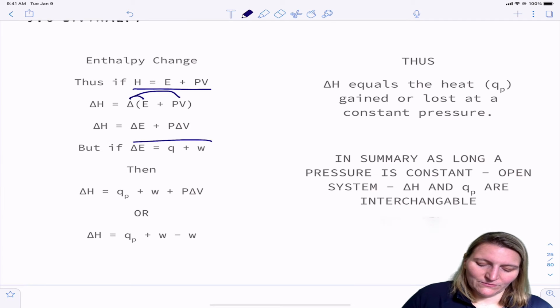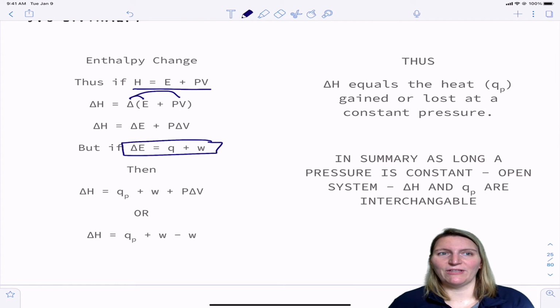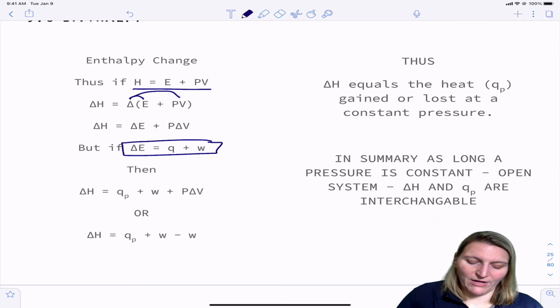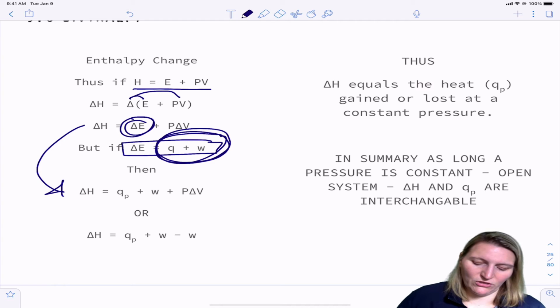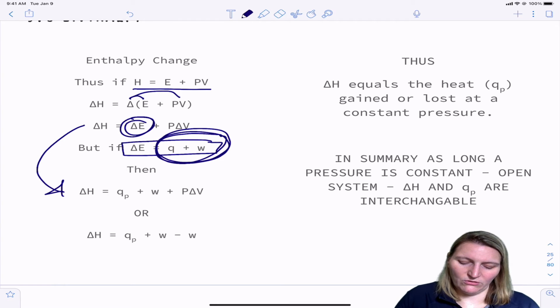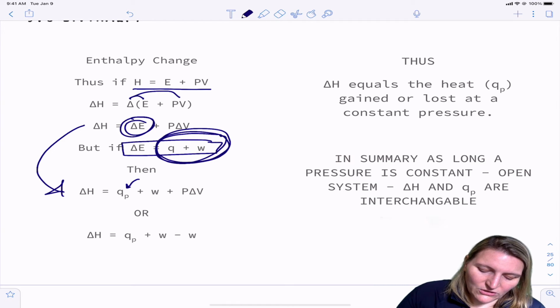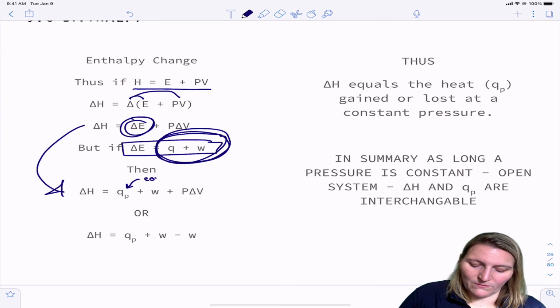A couple sections ago, we learned that delta E equals Q plus W. So now let's substitute in. See how this equation is the same as that, except we've substituted Q plus W for delta E. Now you see it's Q sub P. That sub P means constant pressure.